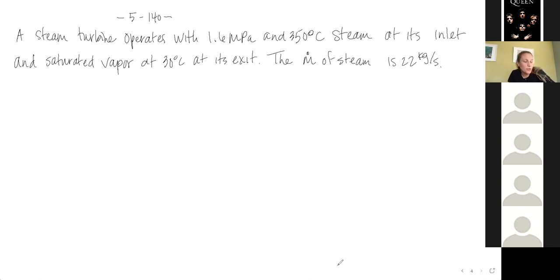The turbines produce 12,350 kilowatts of power.